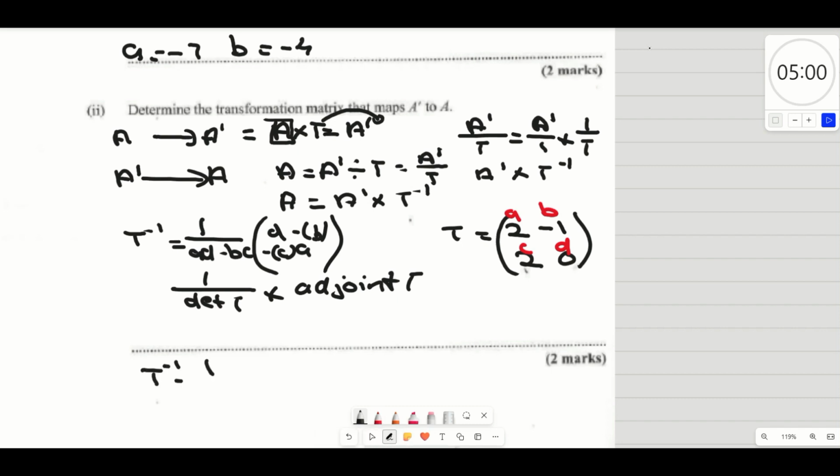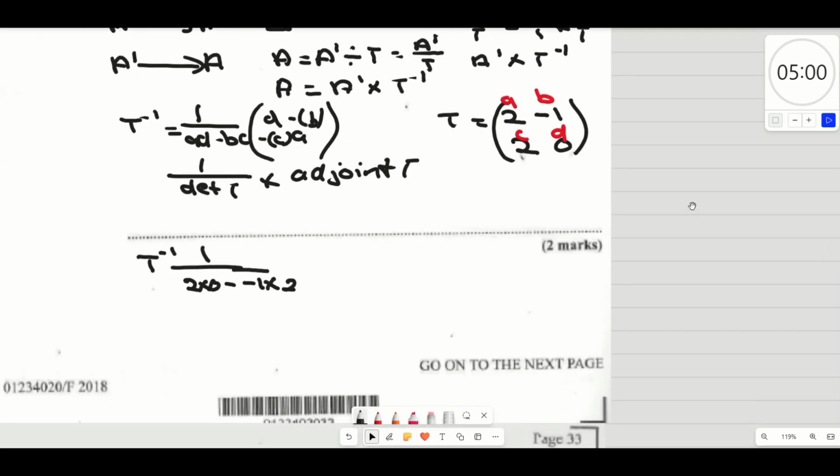T inverse would be 1 over, what is A? 2 multiplied by 0 minus 1 multiplied by 2. Which would give you 1 over 0 minus negative 2. A minus, a plus. So this is 1 over 2 now.